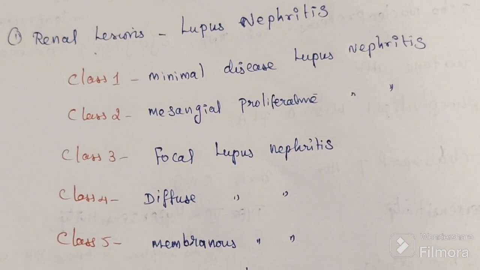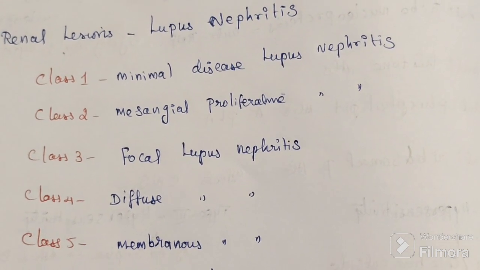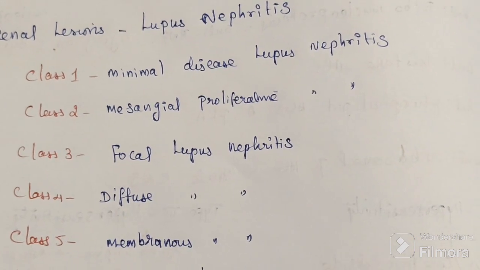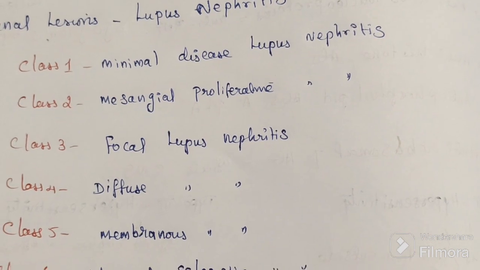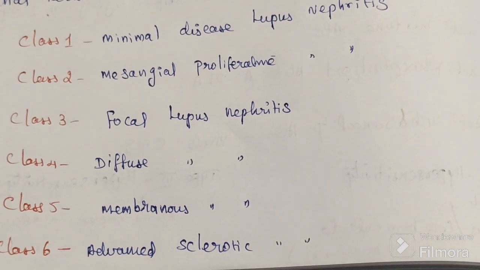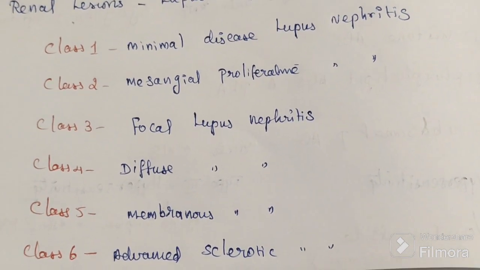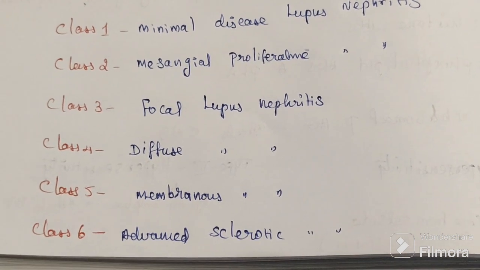Minimal disease lupus nephritis, mesangial proliferative lupus nephritis, focal lupus nephritis, diffuse lupus nephritis, membranous lupus nephritis, advanced sclerotic lupus nephritis.